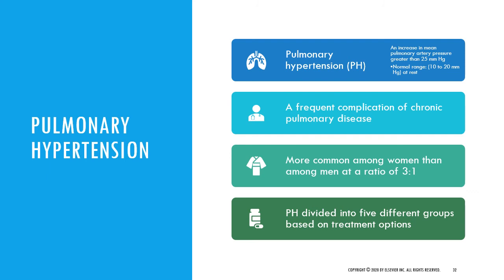Group 3 is pulmonary hypertension because of lung disease and or hypoxia. Group 4 is chronic thromboembolic pulmonary hypertension and other pulmonary artery obstructions. And then Group 5 is pulmonary hypertension with unclear and or multifactorial mechanisms.